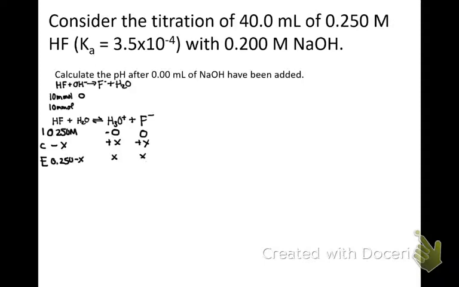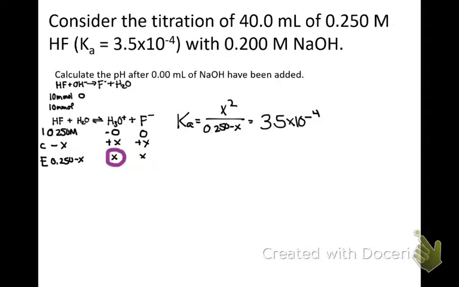Okay, in order to solve for x, which is going to give us the H3O plus concentration that we can use to calculate the pH, we are going to substitute into the Ka expression, where the Ka is 3.5 times 10 to the minus 4. Now, you could try the small x approximation here if you wanted, but spoilers, it's not going to work.